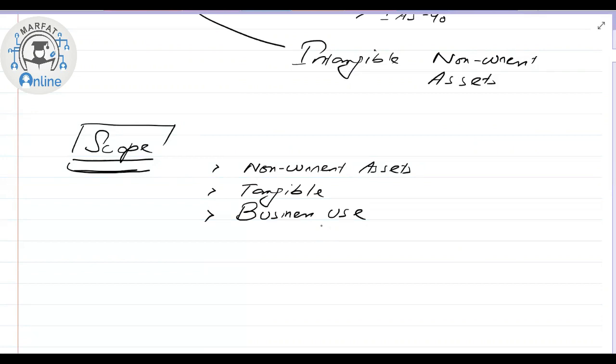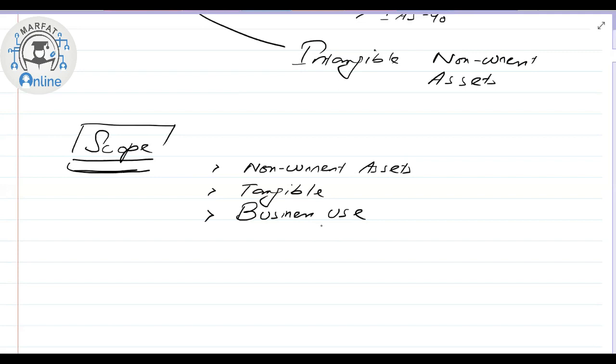In a manufacturing entity which manufactures headphones, the machinery is used to manufacture the headphones, so that machinery is property, plant, and equipment. Similarly, in an electronics company, the machinery used to make air conditioners will be classified under PPE.